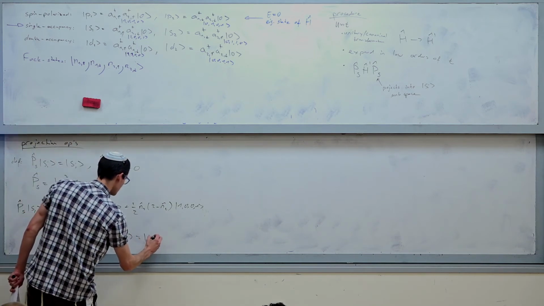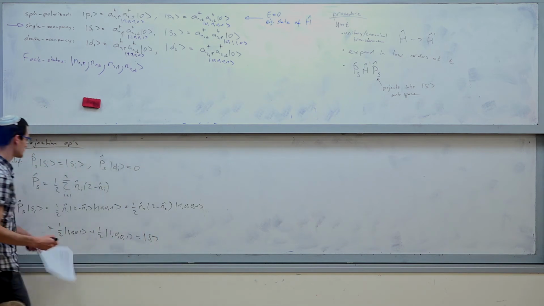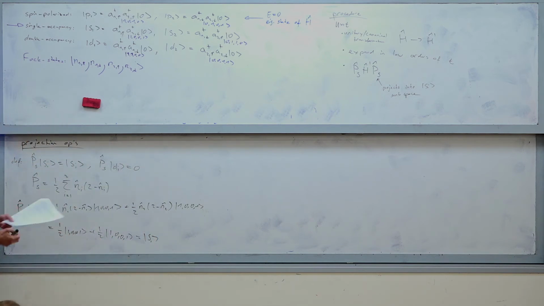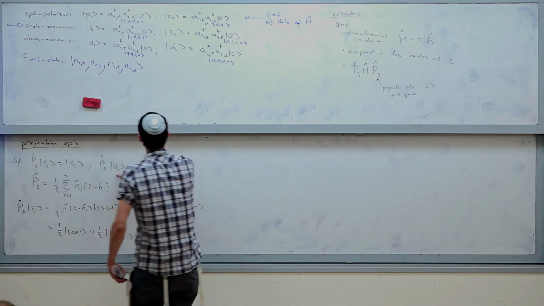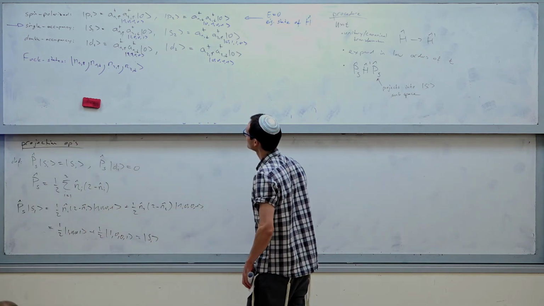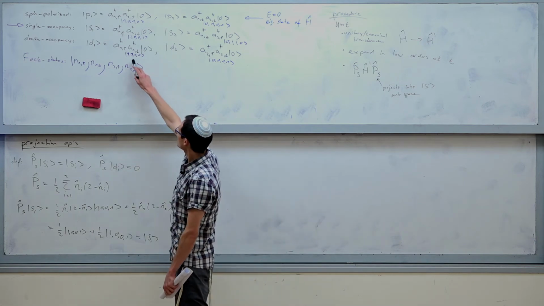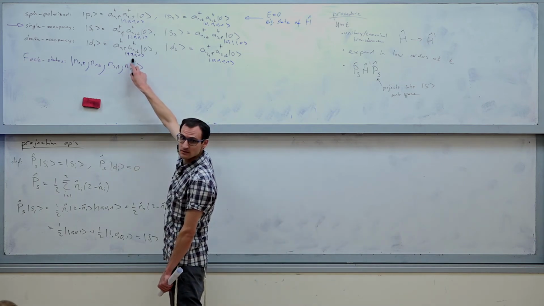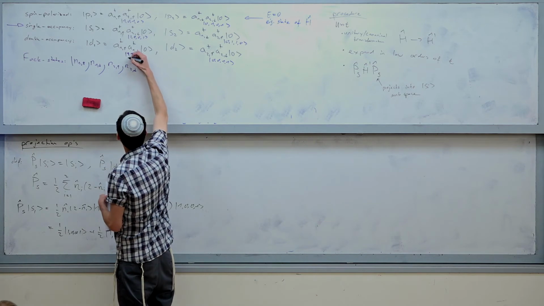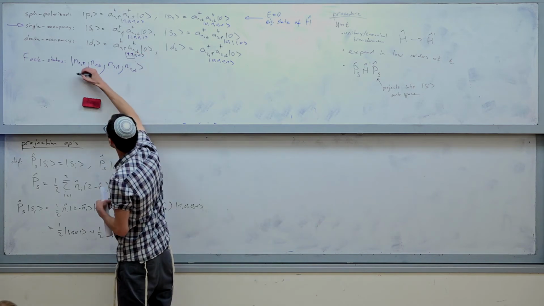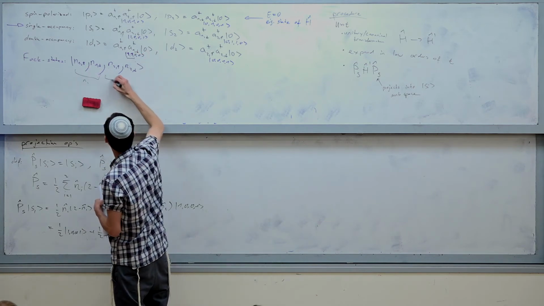So that works. You can check that the same thing happens for S2. And if you apply it on any of the D states, well, then either N1 or N2 will be equal to 0, because N1 is the first site and this is the second site.